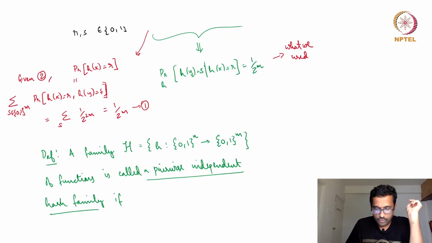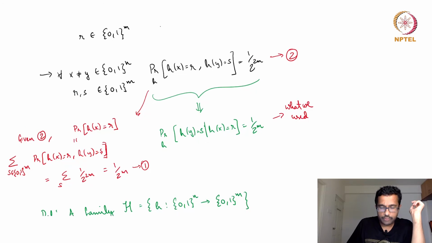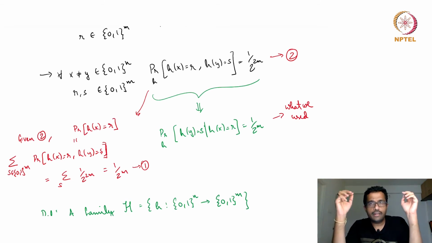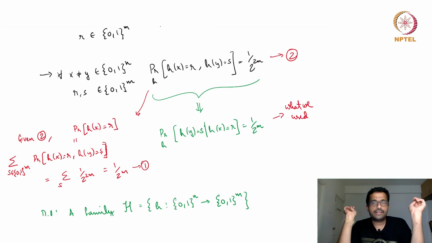Okay, so what we really want is that h need not be a completely random function. It can use restricted randomness, and restricted randomness is sufficient for us. This particular restricted randomness that we require is called pairwise independence.